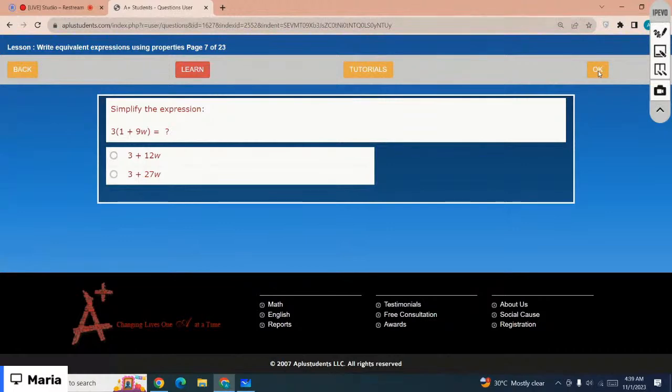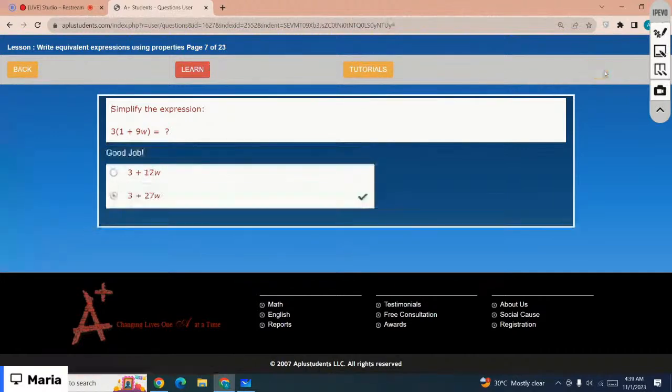Okay, simplify the expression 3 times 1 plus 9w. Which is the correct option? The correct option is 3 times 1 is 3. Very good. That is option number B. 3 plus 27w is the correct option.